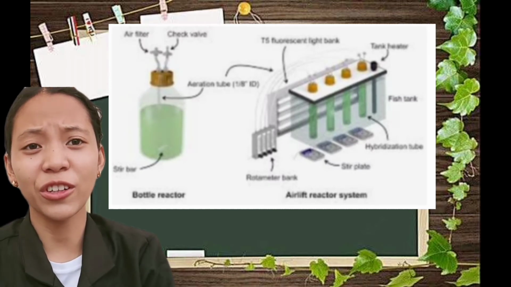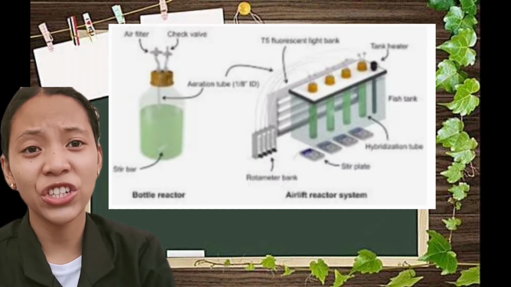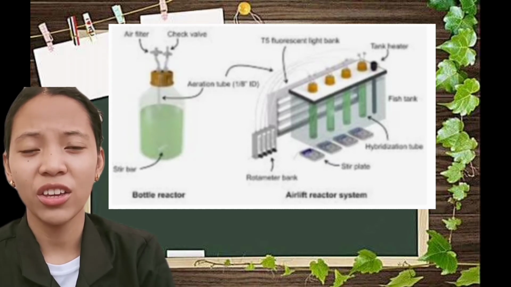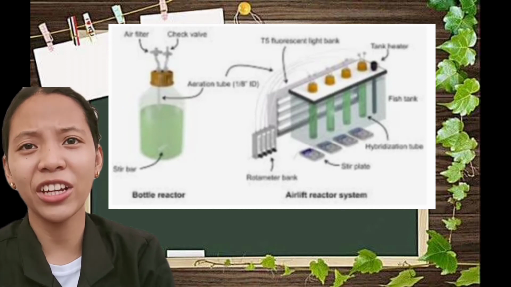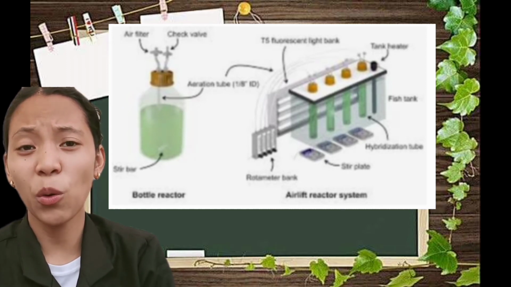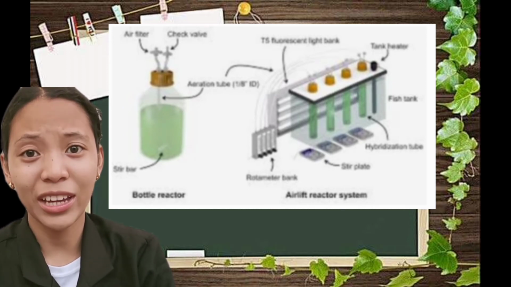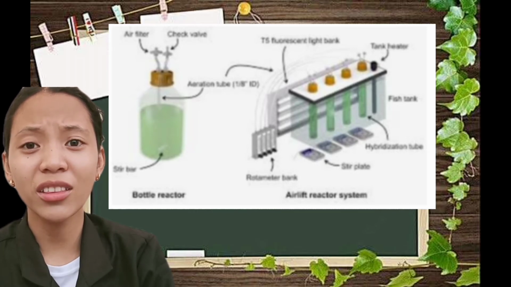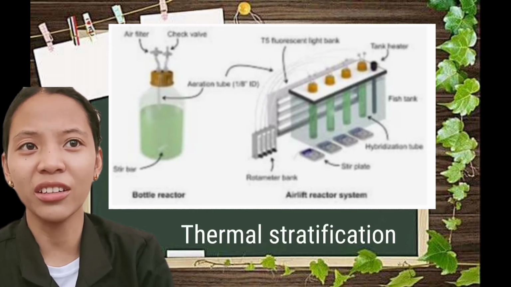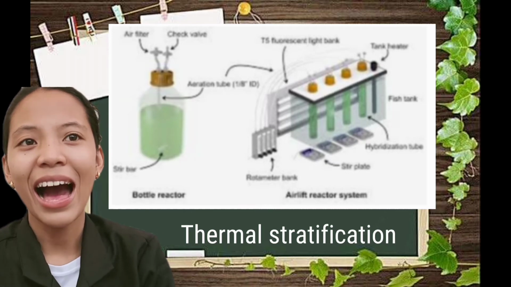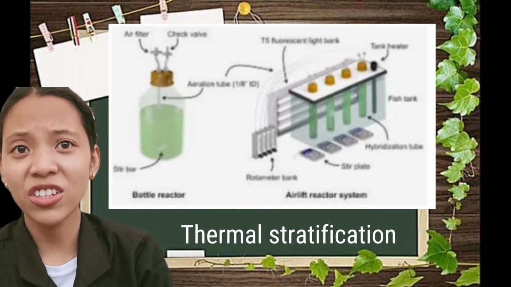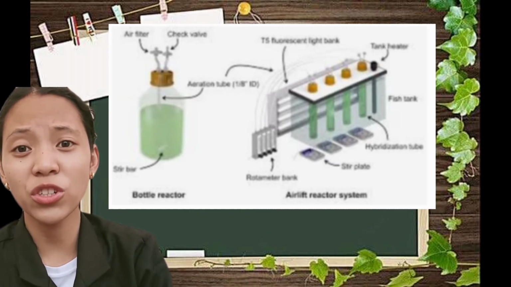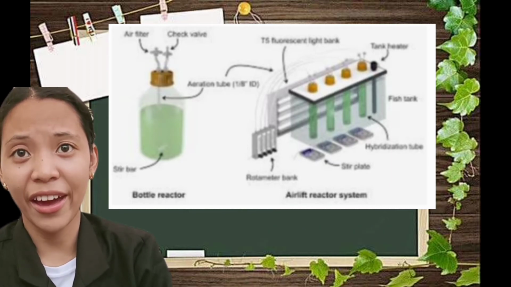Mixing is necessary to prevent sedimentation of the algae, to ensure that all cells of the population are equally exposed to the light and nutrients, to avoid thermal stratification, for example in outdoor cultures, and to improve gas exchange between the culture medium and the air.